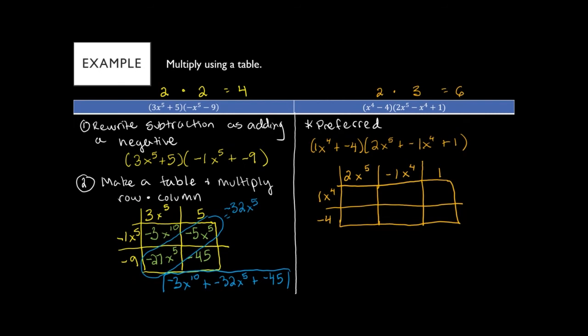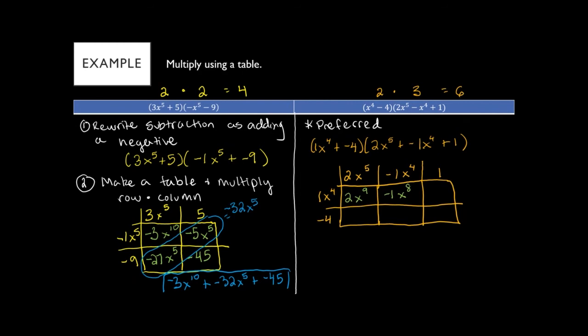So row times column, I always start with the first row, first column. So 1 times 2 is 2, and you add your exponents. 4 plus 5 is 9. So I get 2x to the 9. Moving to the right, 1 times negative 1 is negative 1. Add my exponents, it gives me x to the 8.